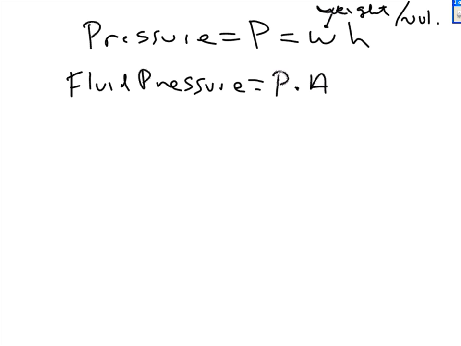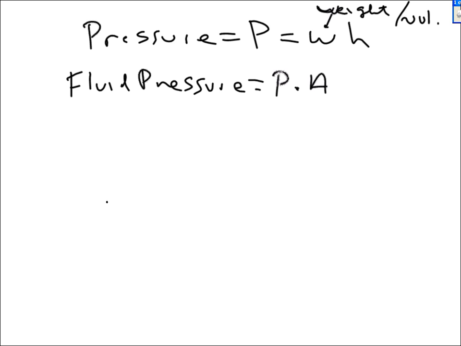Okay. So suppose you have some object in the water. Suppose you want to find the fluid force on a rectangular metal sheet. Nice, thin metal sheet, rectangular shape, 3 by 4. And it's submerged in 6 feet of water.